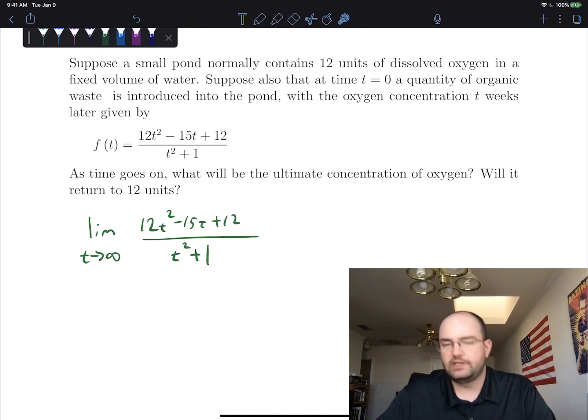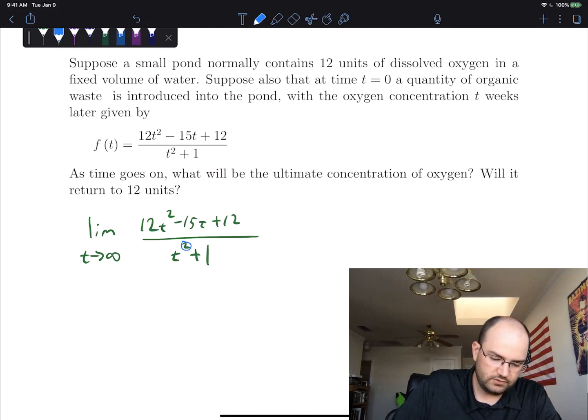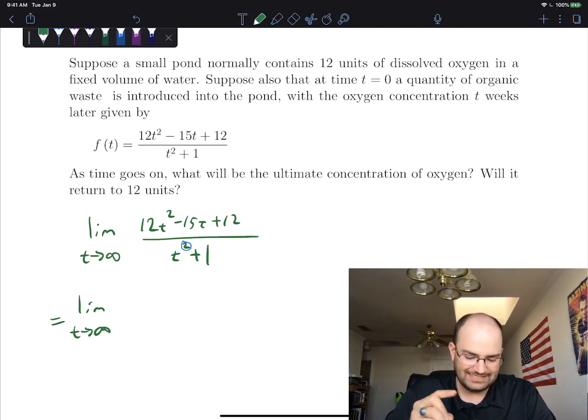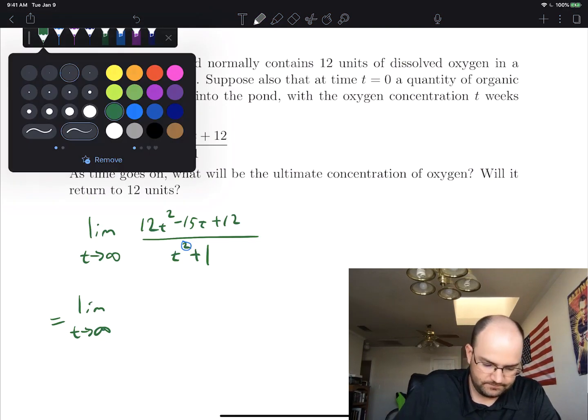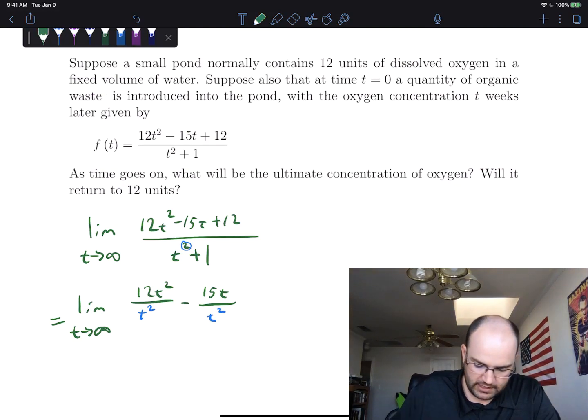Okay. To do that, we ask ourselves, what is the largest degree in the denominator? Well, the largest degree in the denominator is 2. So what we're going to do is say this is the same thing as the limit as t goes to infinity, and we're going to divide every term in here by t squared. So this will be 12t squared divided by t squared, minus 15t divided by t squared, and then plus 12 divided by t squared.